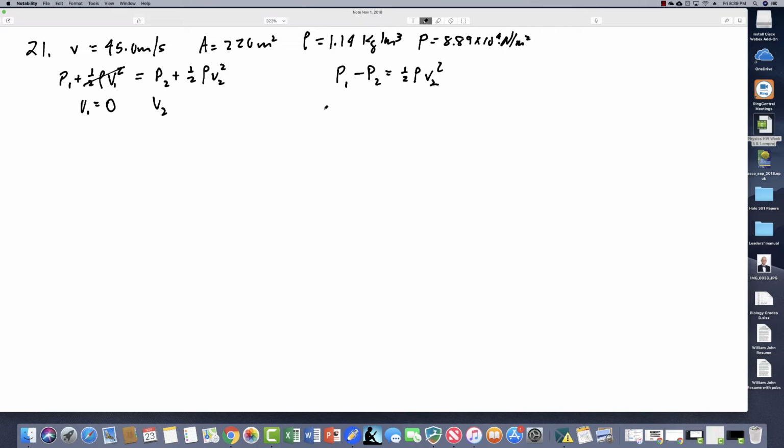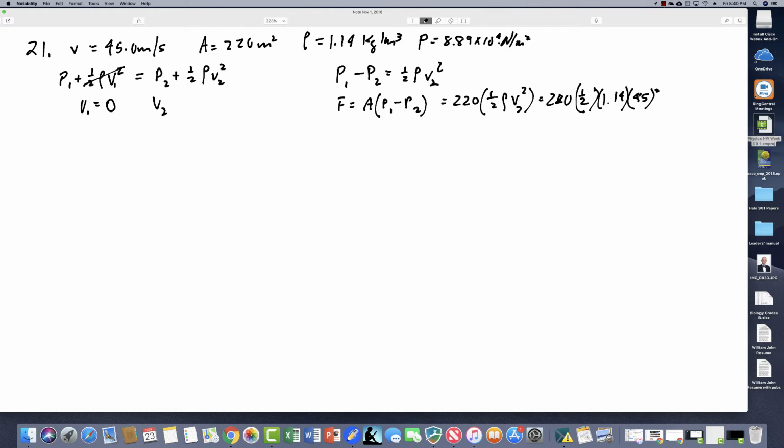So the force is going to equal the difference in pressures times the area. So force on the roof is going to equal the area times the difference in pressure. And so that's going to equal 220 times 1/2 rho V2 squared, which is going to equal 220 times 1/2 times 1.14 times V squared, which would be 45 squared.